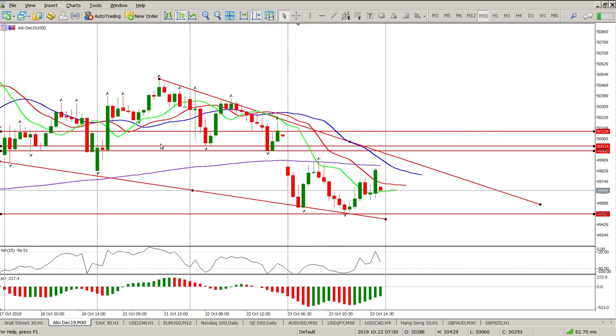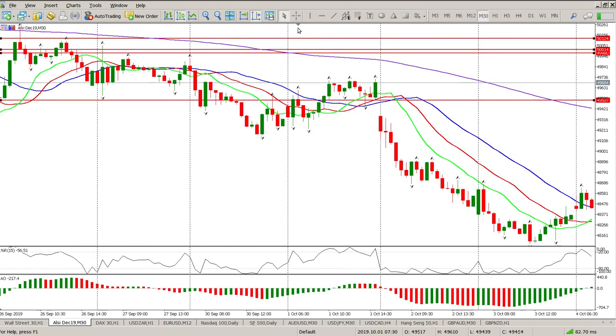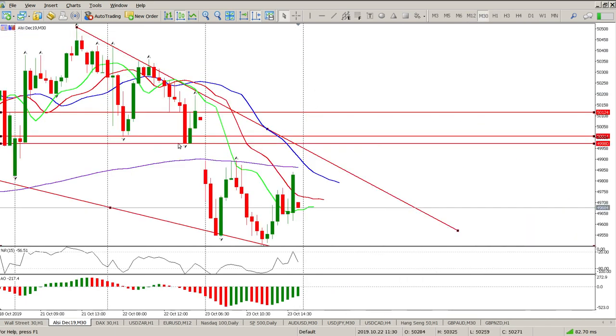If you look at the area we're aiming for, just double check on the daily, it's right over there. This area where we've got these two fractal levels, which is the next area where I'd expect us to be taking profit, is pretty much on the 200 EMA as well, and on the diagonal trend line.